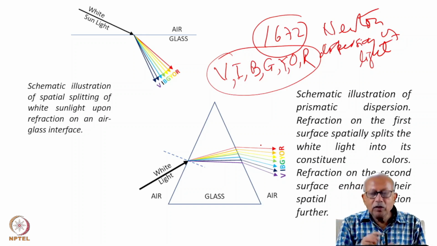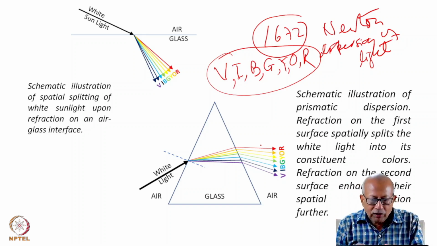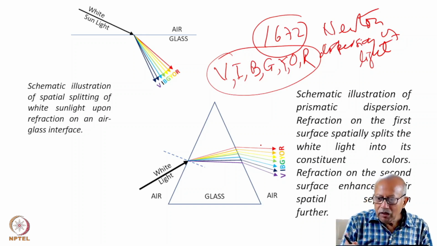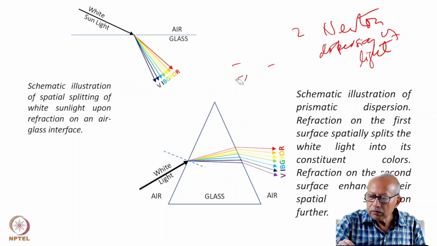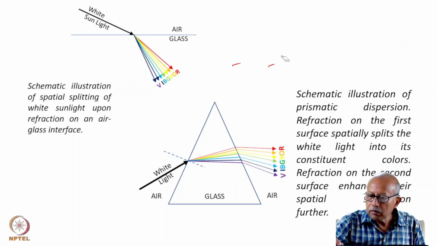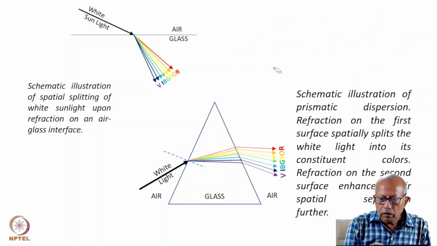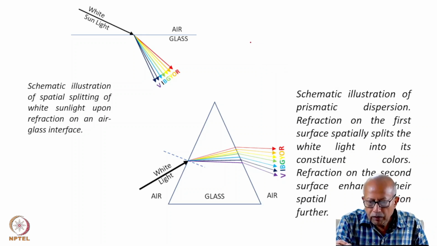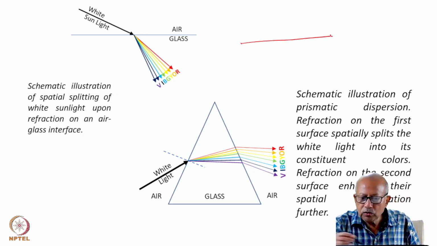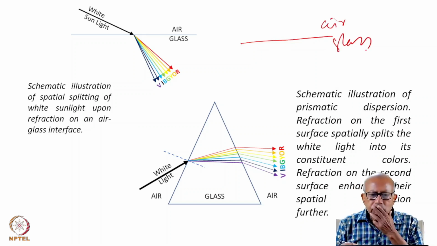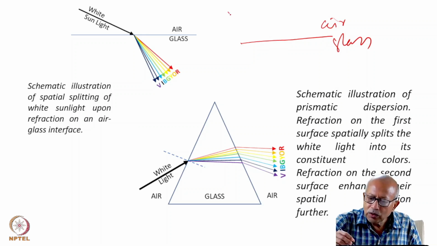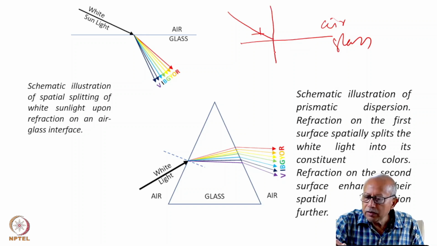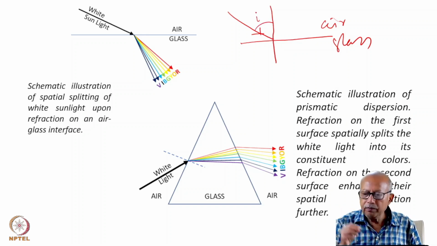Let us try to quickly and qualitatively understand the underlying physics of this dispersion of light. Suppose you take a surface which I've shown here as air and glass, and you shine it with your white light, which is incident at an angle, say, i.